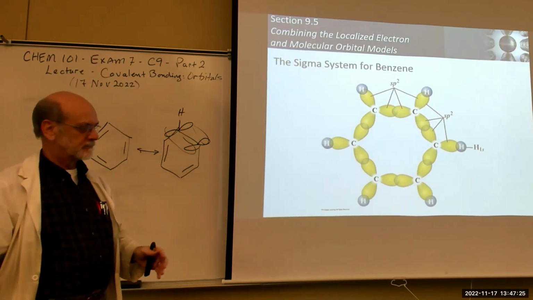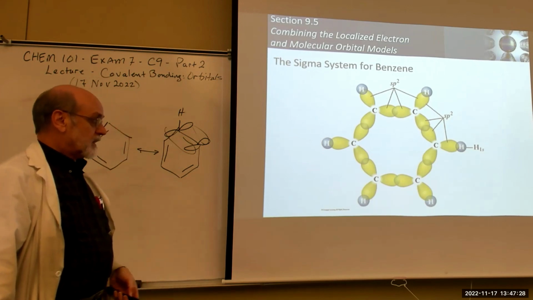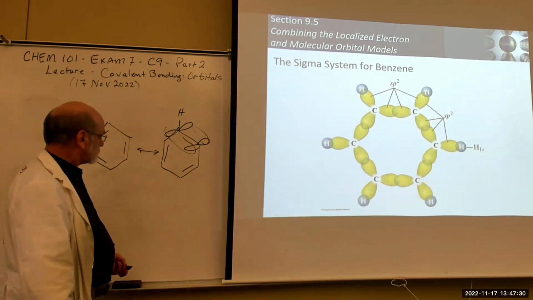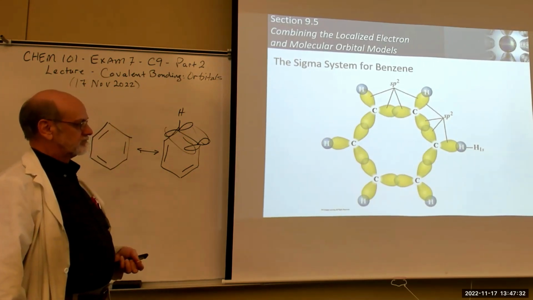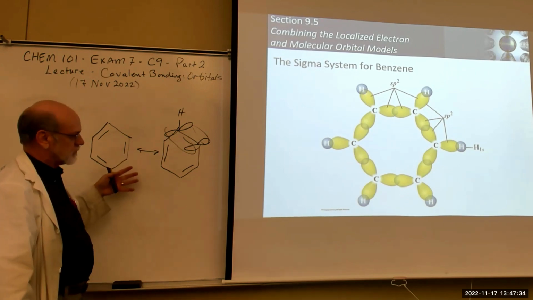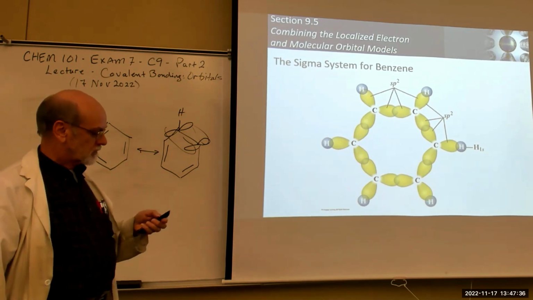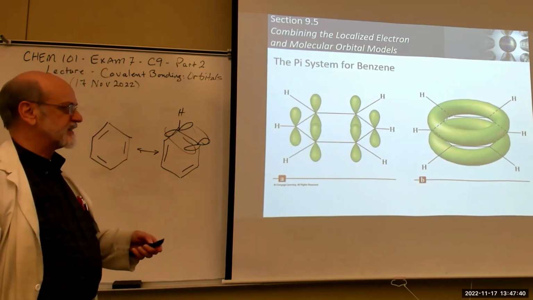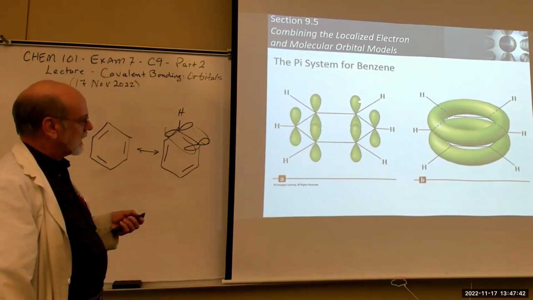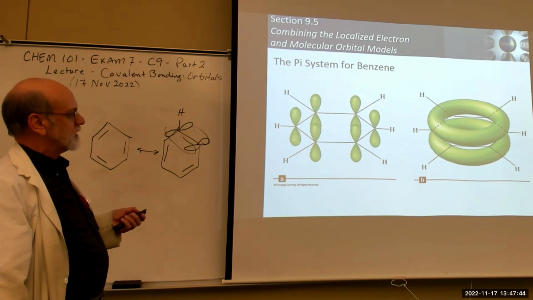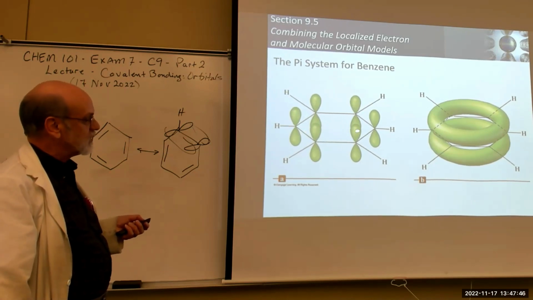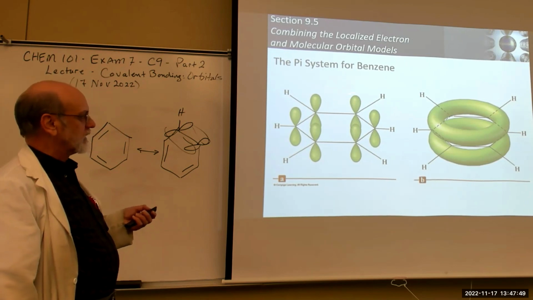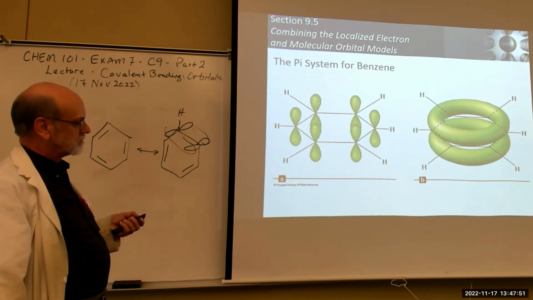They're all the same. So we have to think of it in terms of resonance, or we can actually form a pi system where the electron density overlaps on all of these p orbitals that form a ring structure of a pi bond.